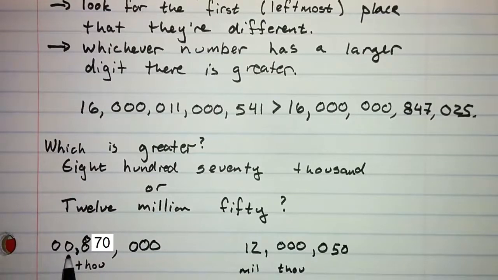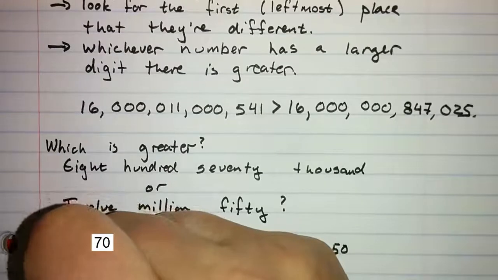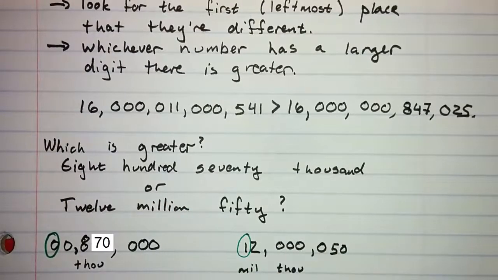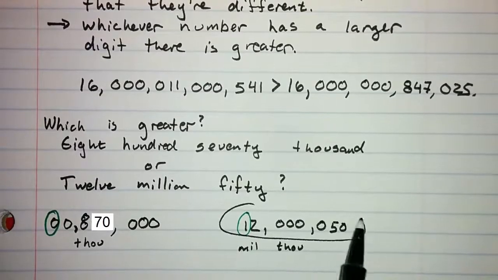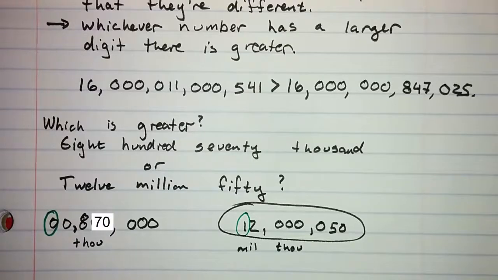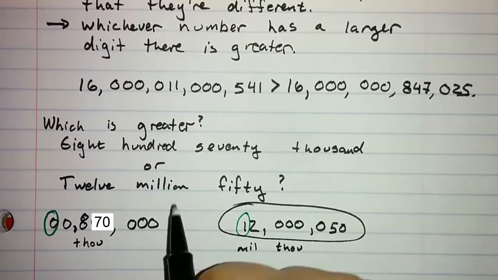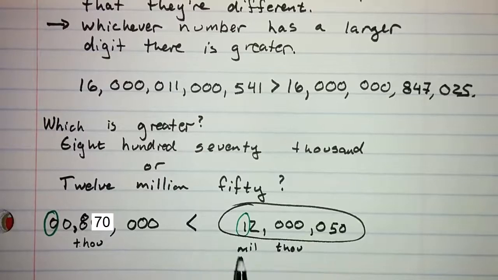So the first place that they're different is in the 10 millions place. Which one is greater? This one is greater. Since I've already written them in this order, I'm going to say 870,000 is less than 12,050,000.